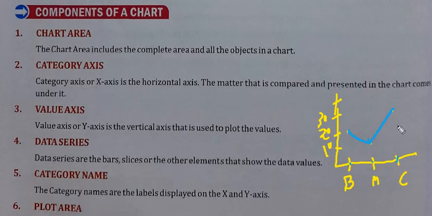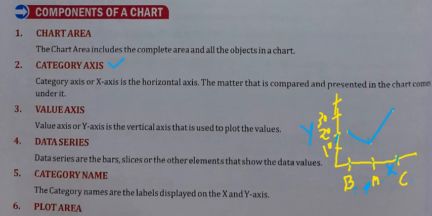So this is forming a graph like this, from here to here, a line graph. Biscuit selling is 20 packets, mixture selling is 10 packets, and chocolate selling is 30 packets. Here different categories are there: biscuit, mixture, chocolate. That's why we call the x-axis a category axis, and the y-axis a value axis, right? Here you can see we have written the values.